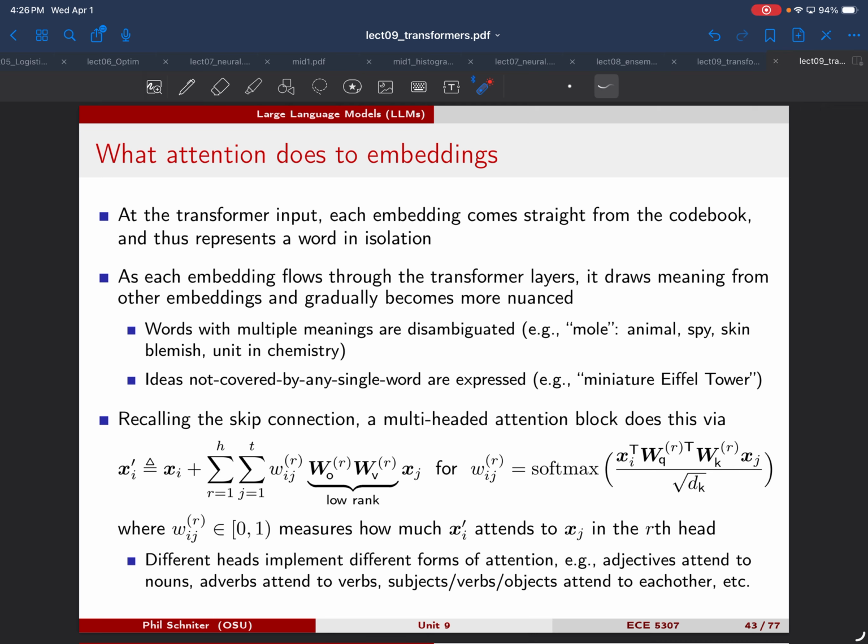Another thing that happens is there are many ideas for which we don't have a single word. So for example, think about a miniature Eiffel Tower. The Eiffel Tower is something really big. And then a miniature Eiffel Tower, well, that could be a keychain or something.